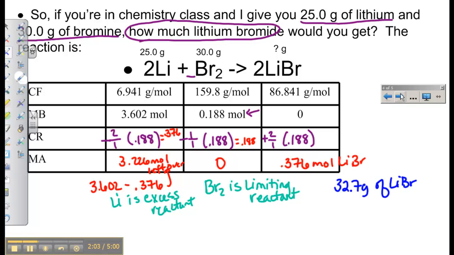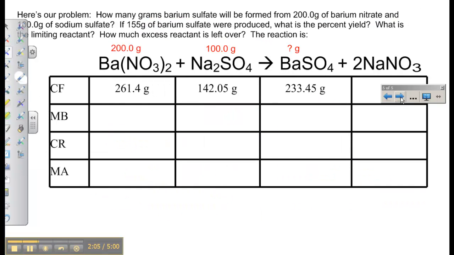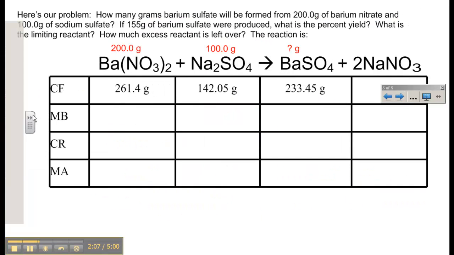Let's look at another example. Okay, so we have how many grams of barium sulfate will be formed from 200 grams of barium nitrate and 100 grams of sodium sulfate. So there's what I'm looking for in my problem.